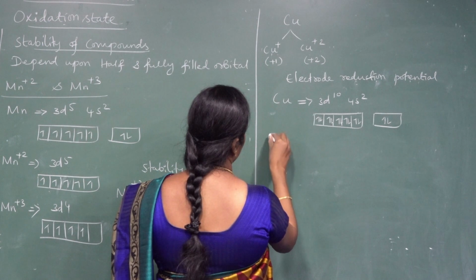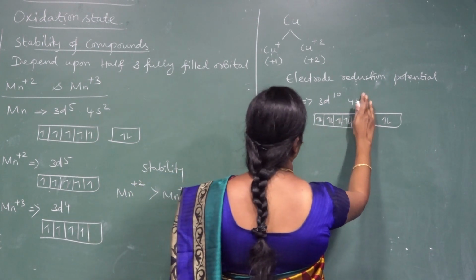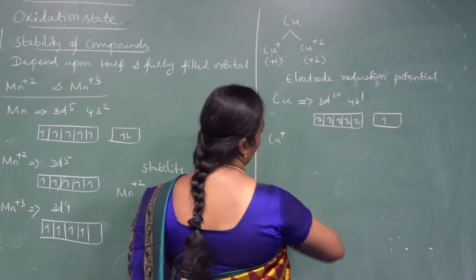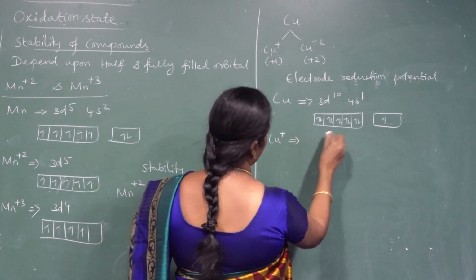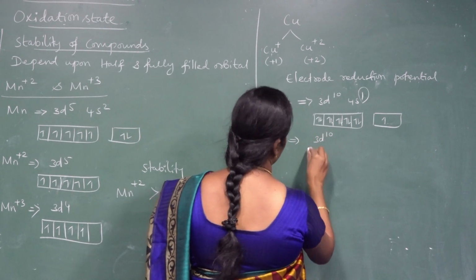If I want to remove to form Cu plus, we get 3d10 with the s orbital electron removed, so where we let one electron in the s orbital. So copper plus means you can remove only this one, so 3d10 only is possible.